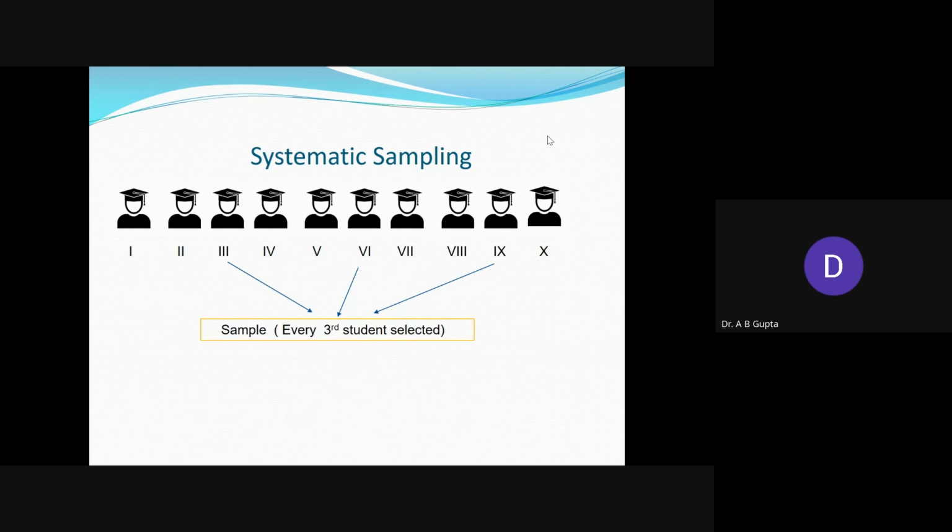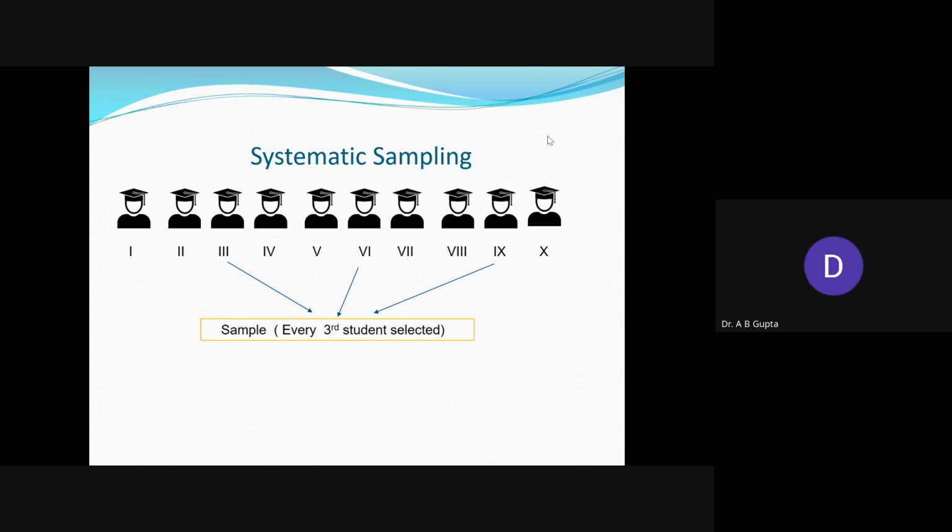Just see this figure. There are 10 graduates, and I want to use systematic sampling. What I decide is that I will be selecting every third student.